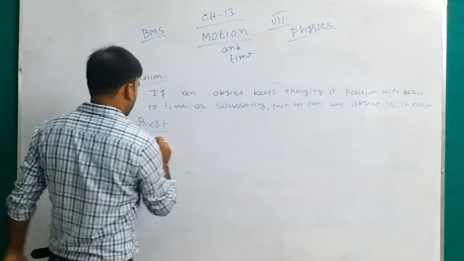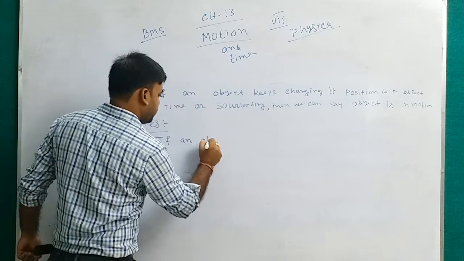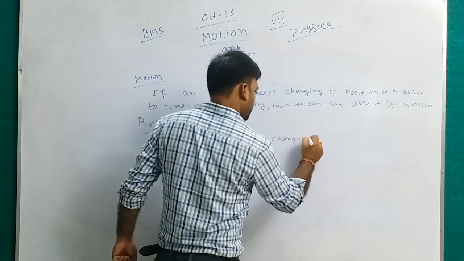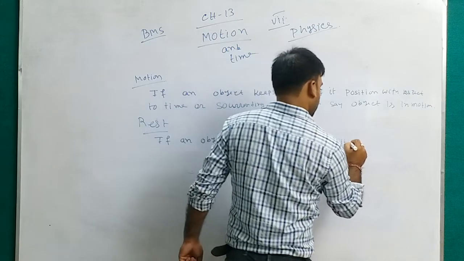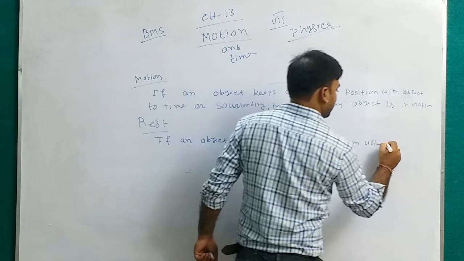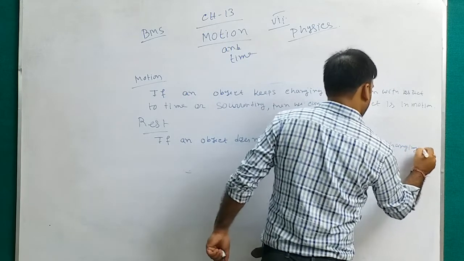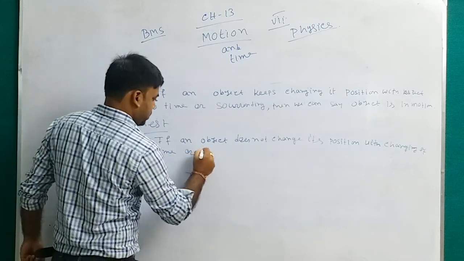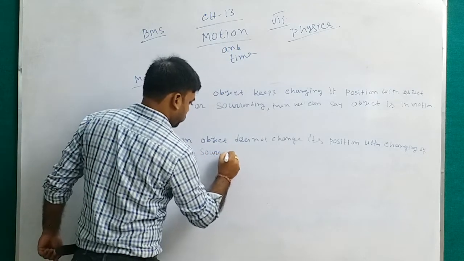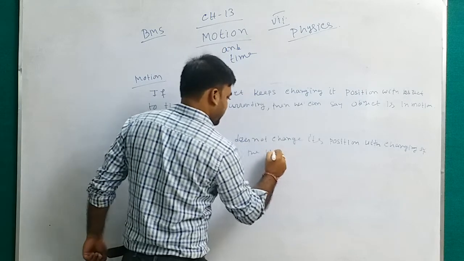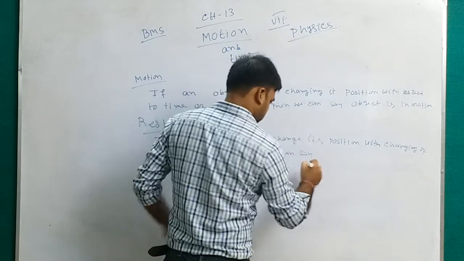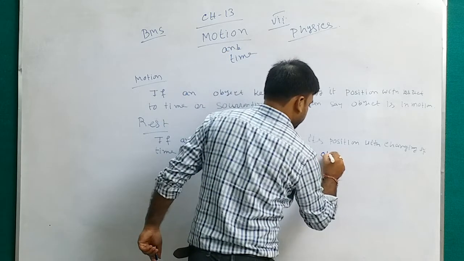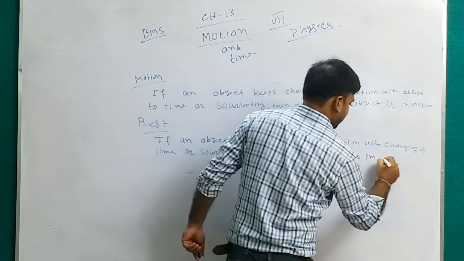So definition: if an object does not change its position with respect to time, or with changing of time or surrounding, then we can say the particle or object is in rest.